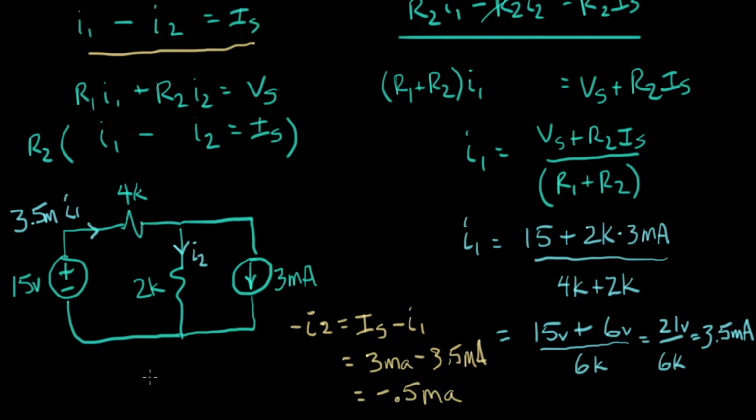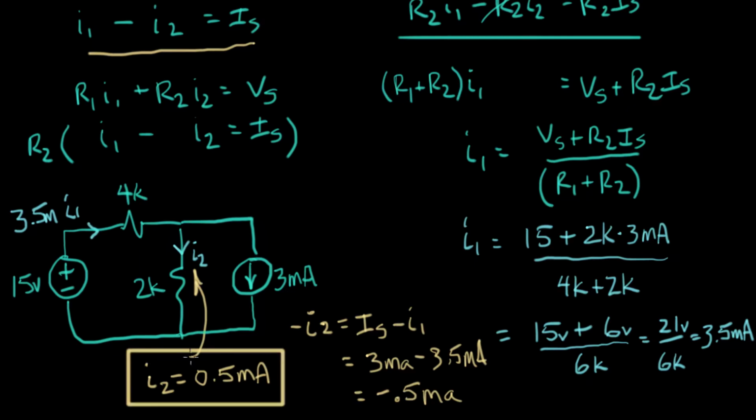Let's get rid of the minus signs. I2 equals 0.5 milliamps. That's that value right there. Let's put some boxes around our answers we have so far. Here's one. And here's another one. There's I2 and I1.